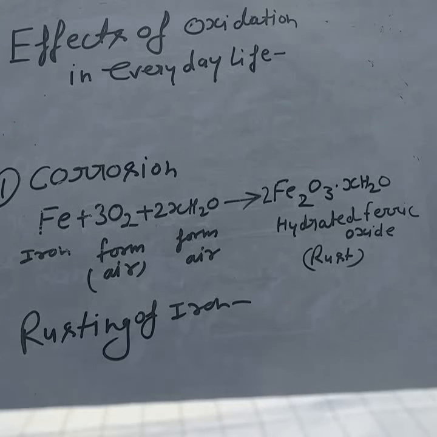Some other examples of rusting: when copper is kept for some time in a moist atmosphere, its shining disappears and a green coating is deposited on its surface.